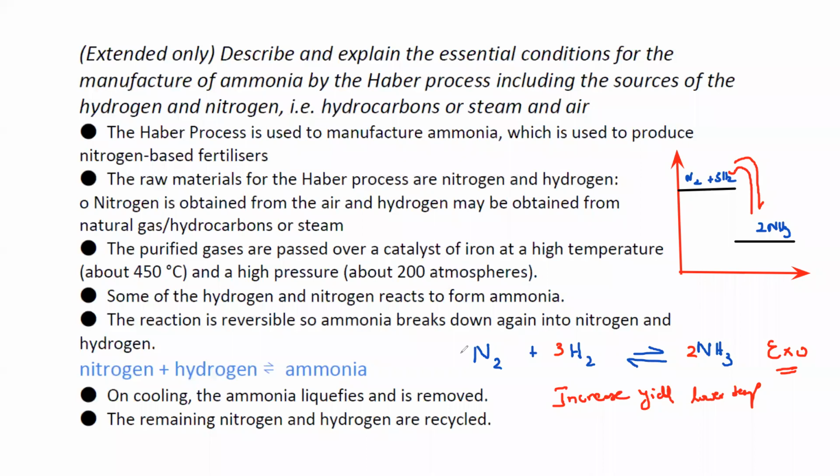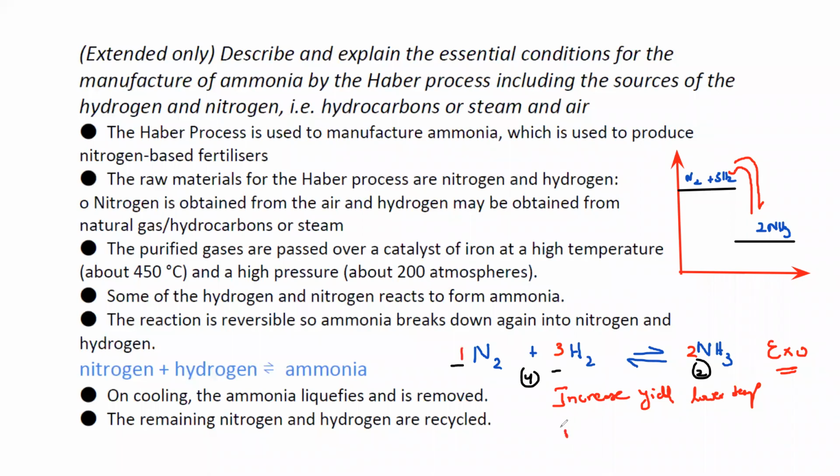Then what about the pressure? Nitrogen, hydrogen and ammonia are all in the gaseous state. So 1 mole plus 3, so 4 moles of gas on the reactant side and 2 on the product side. Whenever we increase the pressure, the equilibrium will shift towards the side where the number of moles of gas is less.